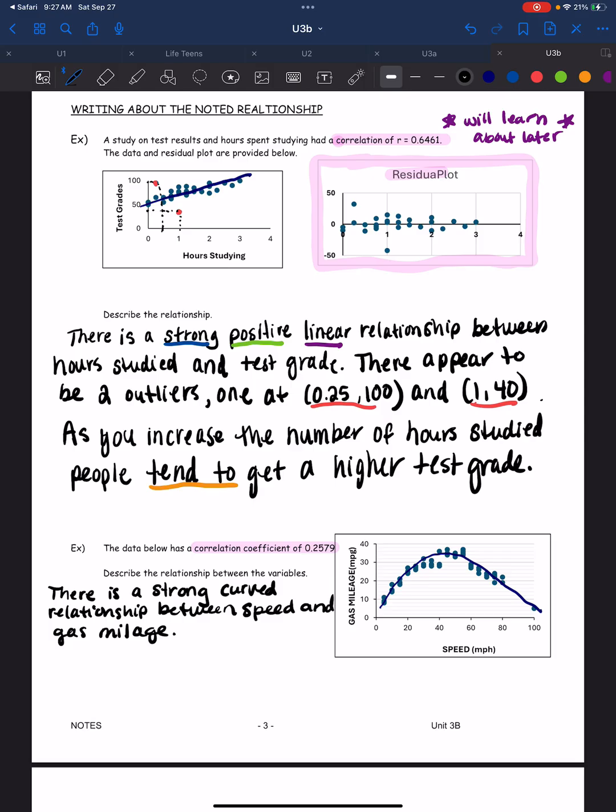Awesome. So notice that I have talked about the strength of how well it fits what I'm looking at, and I have also said the form. Now, I did not talk about direction, so we're going to spend a little bit of time talking about that now.